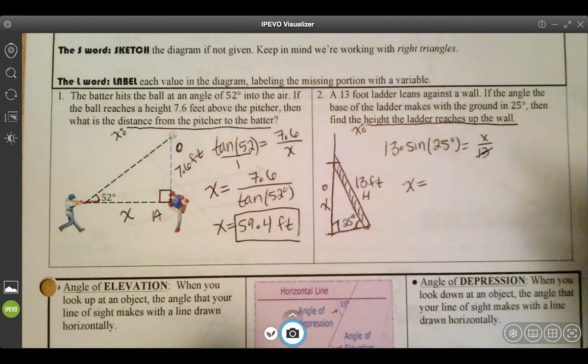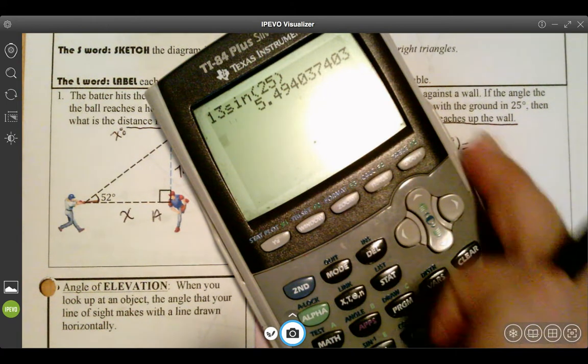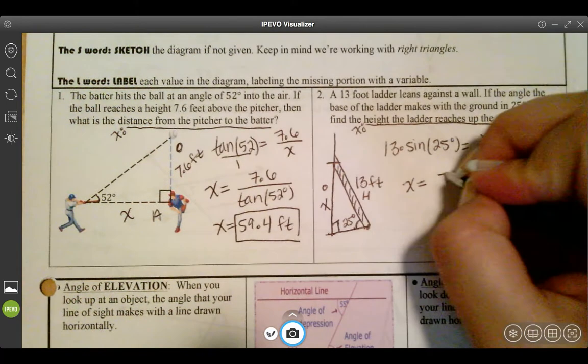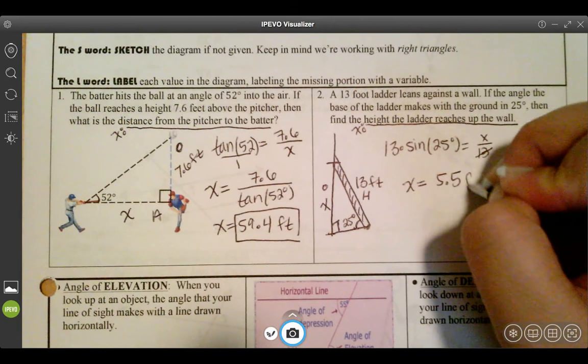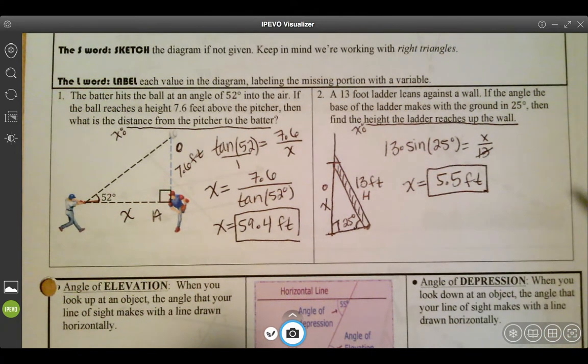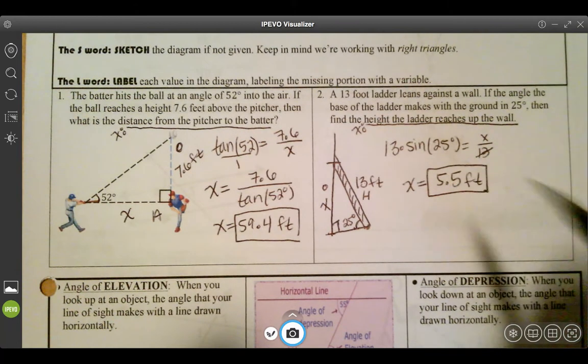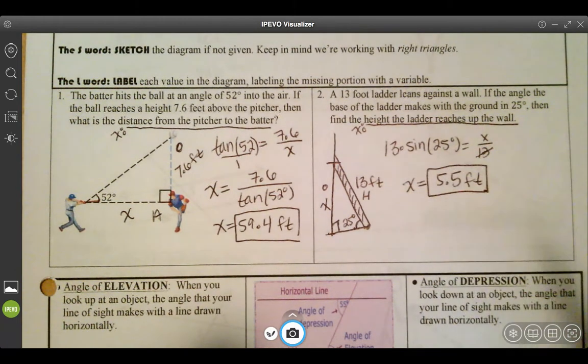X equals 13 sine of 25 degrees, which is 5.5. The units are feet. The way that we get angles, remember, is by using the inverse. And when we're using the straightforward sine, cosine, tangent, we will end up with distances, lengths of sides.